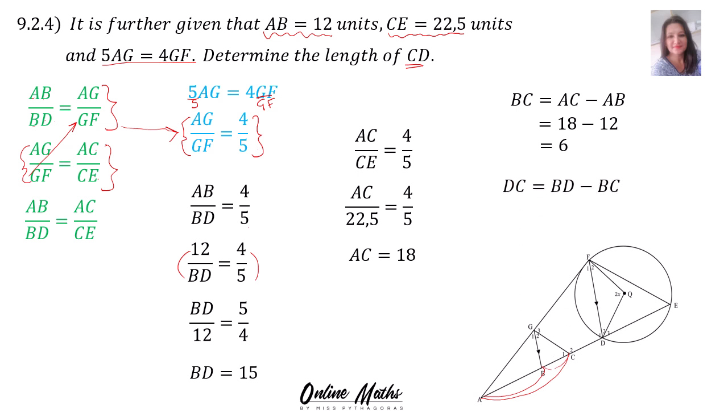And then lastly, let me change the color here. DC is BD, which is this one, minus BC, that little part there. So BD was 15 and BC we just calculated was 6. 15 minus 6, the answer is 9.